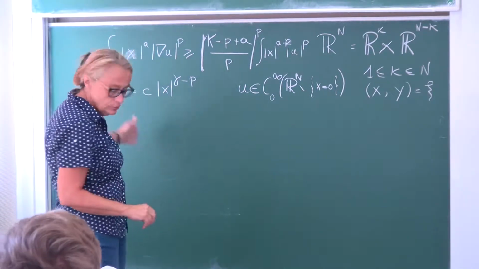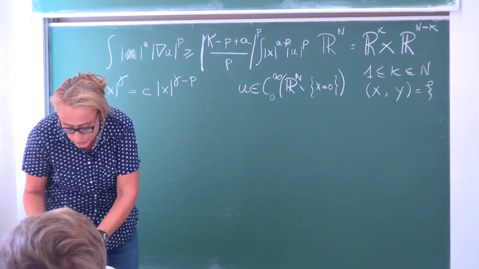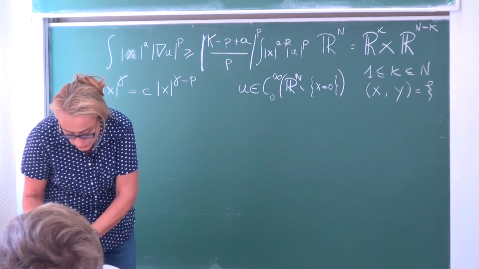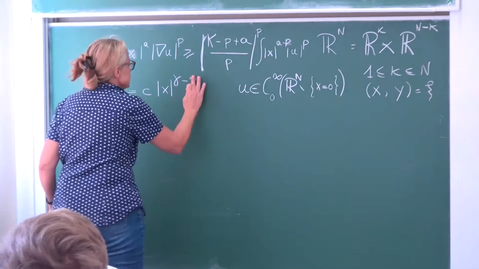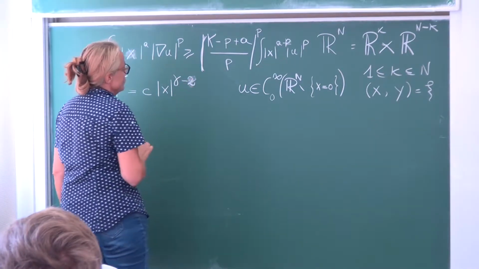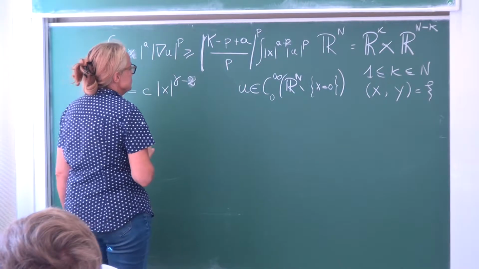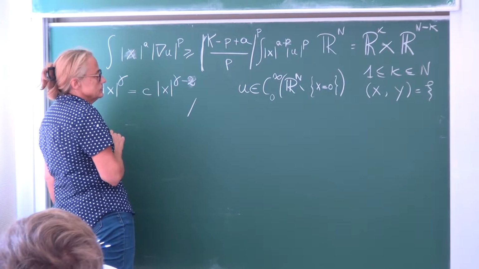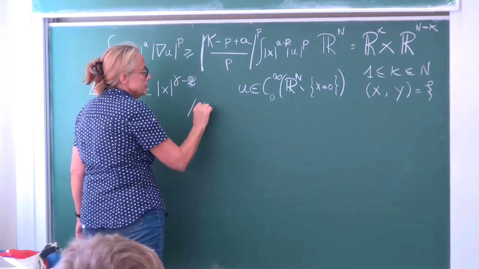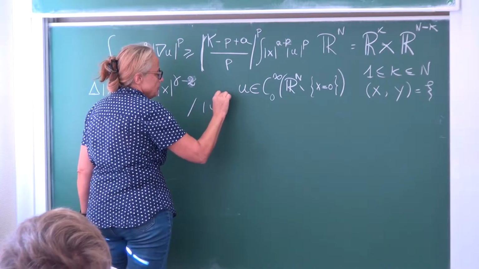In the proof we used, for some gamma, the gamma minus 2. So the trick was just to multiply by u to the p.